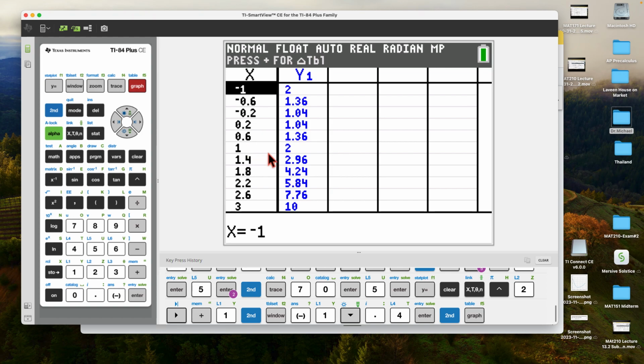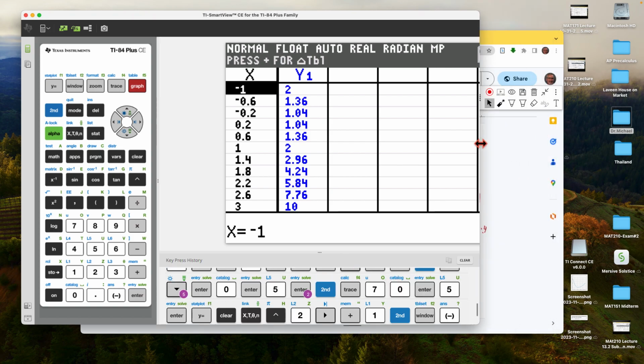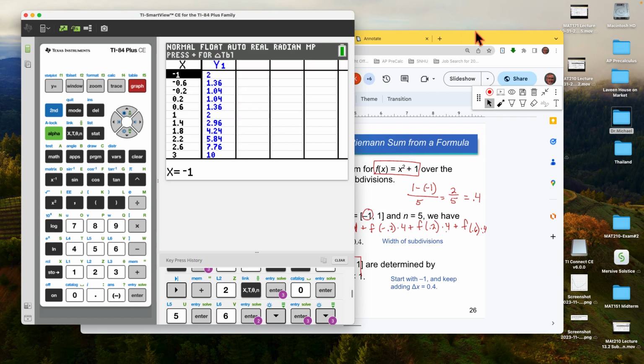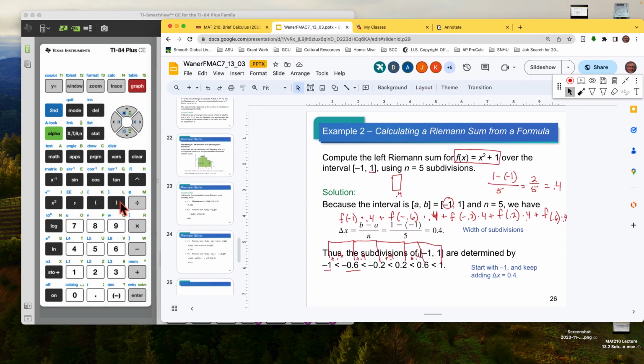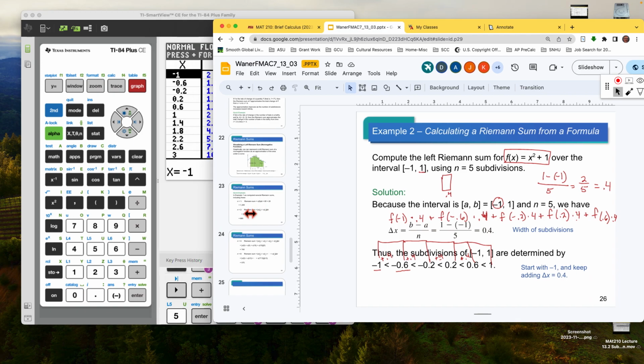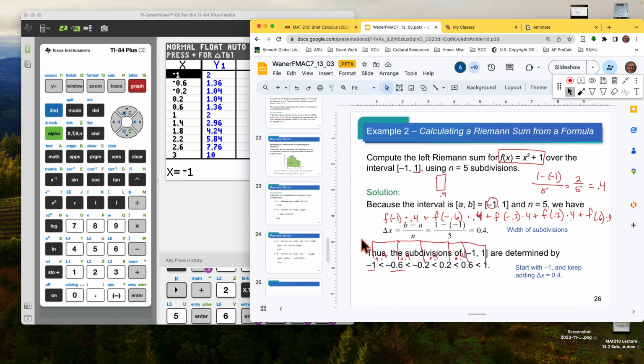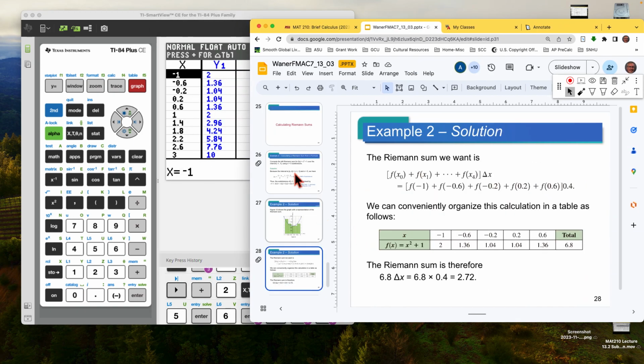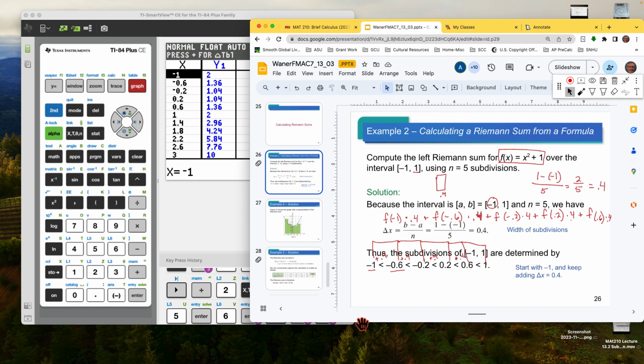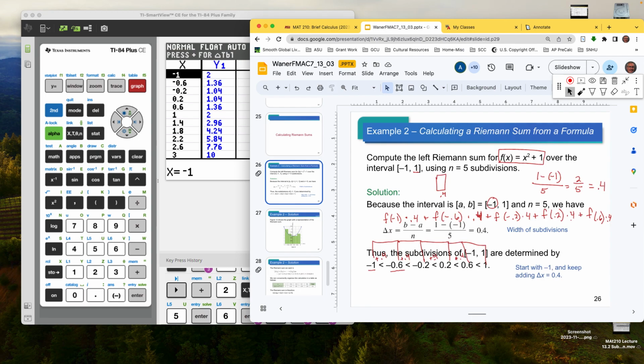And so, let me make this a little bit smaller. I can actually do all my calculations.